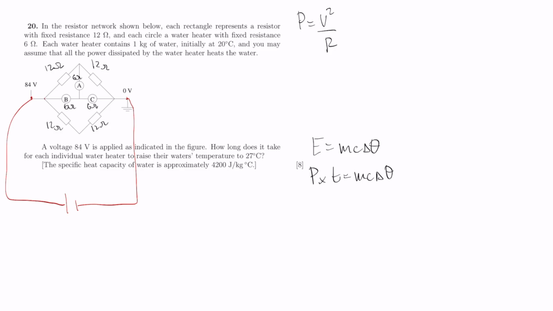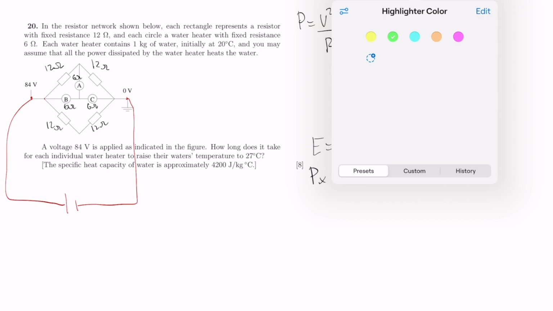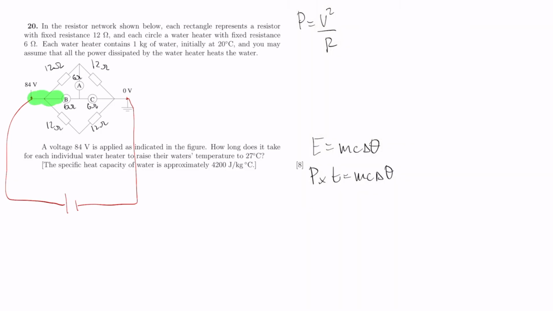So I'm going to go through one complete loop. If I was to go from here to here, then I'm essentially doing one complete loop, because I'm starting from the positive terminal and then I'm going all the way around back to the negative terminal. This here counts as a complete loop.